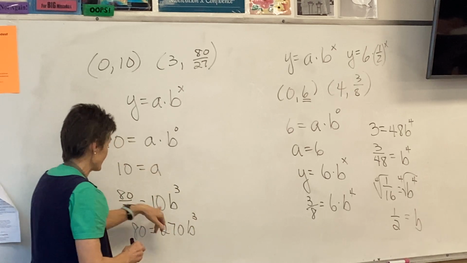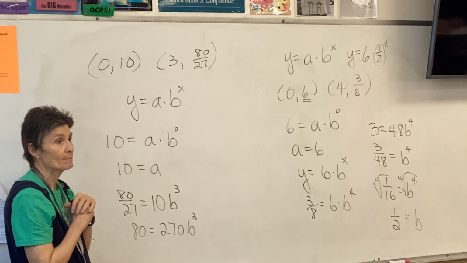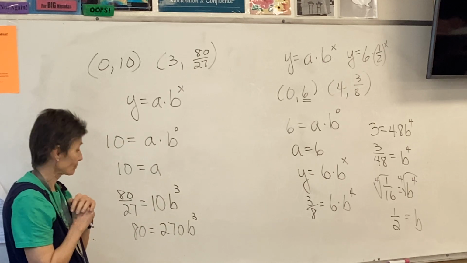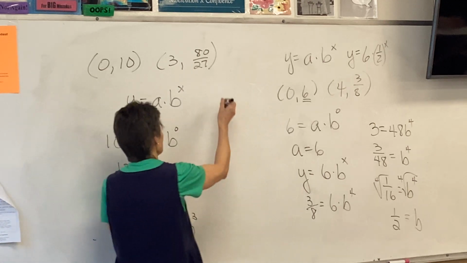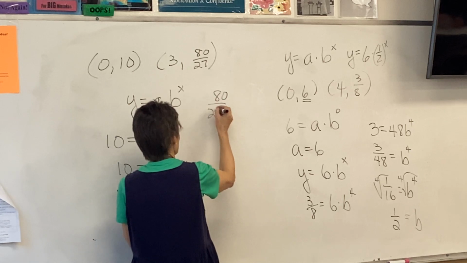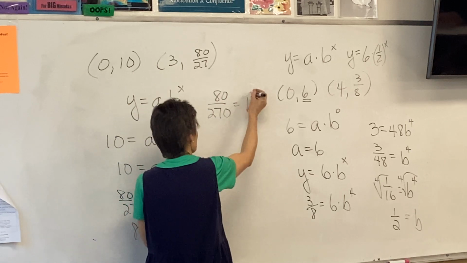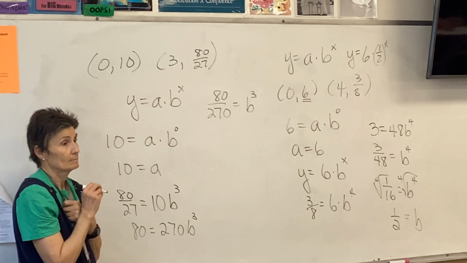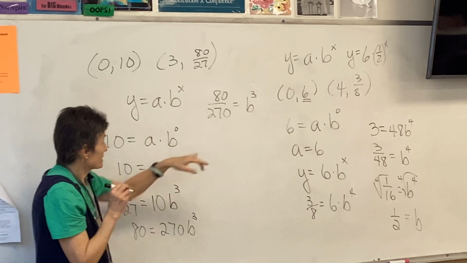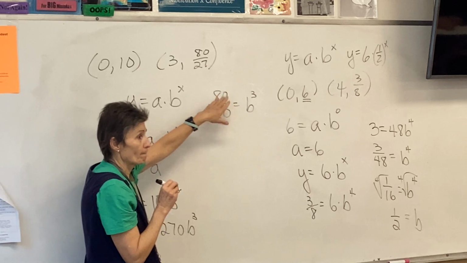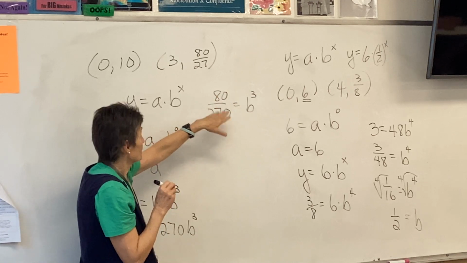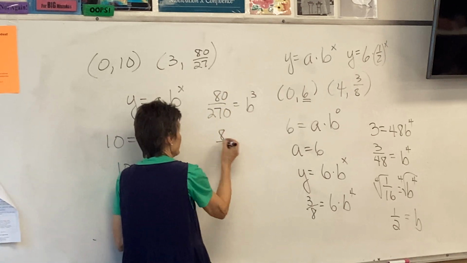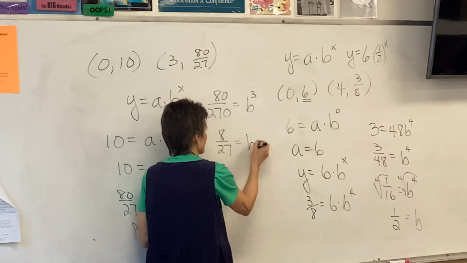And that arithmetic's easy because it's just 27 times 10. And then divide by the 270 to get my b cubed all by itself. Does this reduce at all? Yes. Isn't that 8 over 27? Can I cancel those 10s?